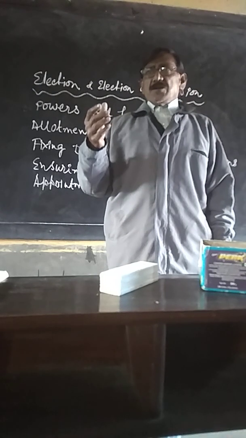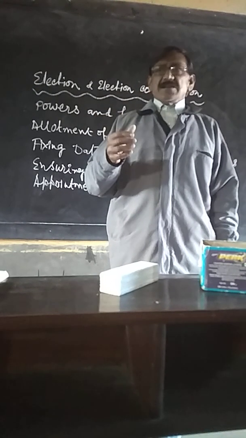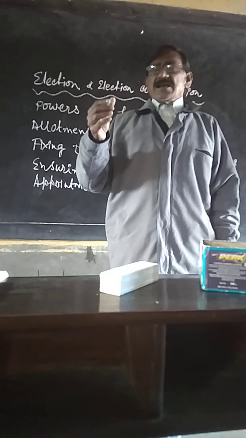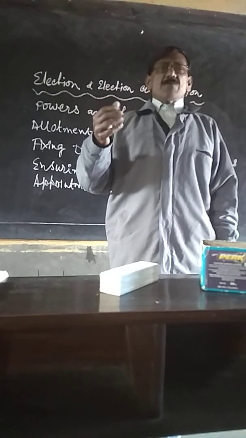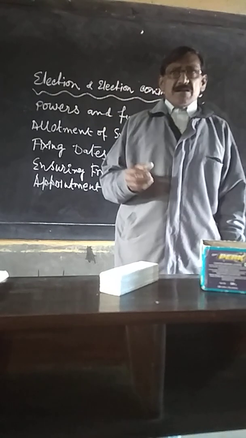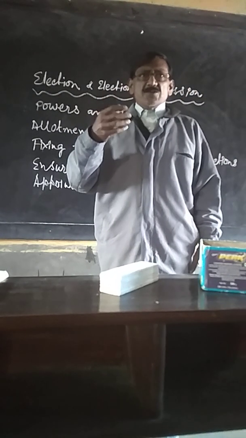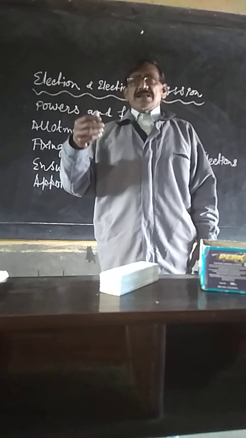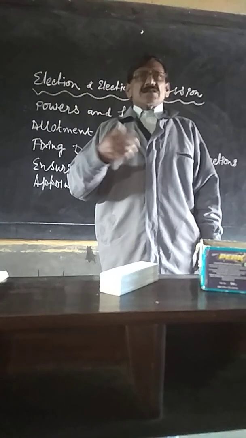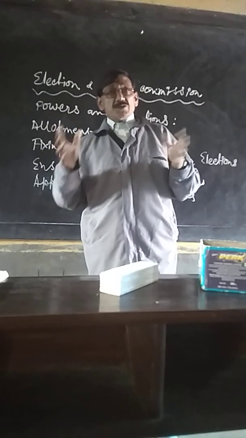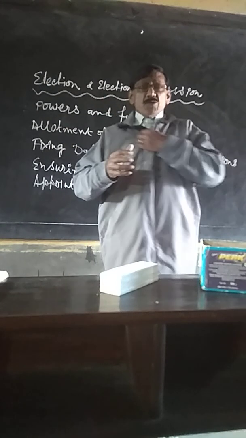In front of the polling officer or booth agent, they are supposed to produce their photo identity cards, and by showing photo identity cards they are entered as voters and allowed to cast their votes. This is the procedure of voting.